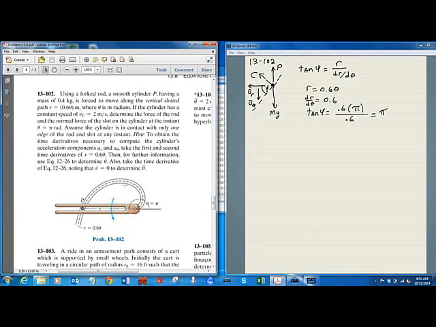So if you take the inverse tangent of pi, you have angle psi equals inverse tangent of pi, 72.3 degrees.